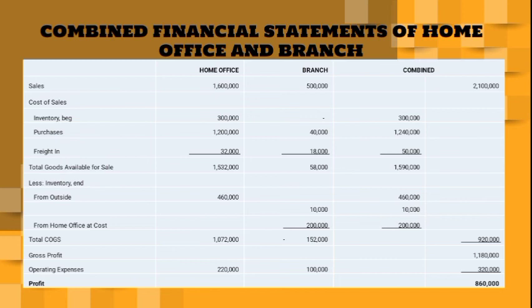Then, si home office may 220,000 na operating, while si branch may 100, total of 320,000. You have the profit of 860,000 by deducting operating expenses from the total gross profit. Again, 860,000 is combined profit of home office and the branch.